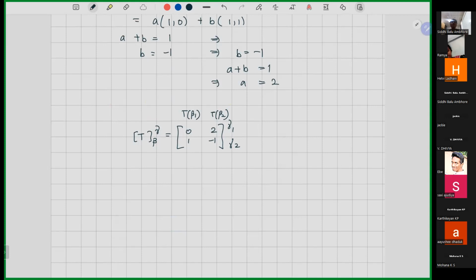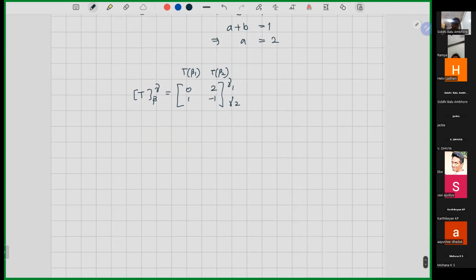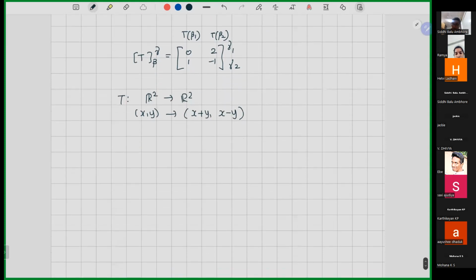Okay. So does anybody know what this matrix actually signifies? I am saying that this is with respect to beta and gamma. So let us try to evaluate. What my T was: T is from R2 to R2 such that (x, y) goes to (x plus y, x minus y), right? And what I got is here T with respect to this beta and gamma.